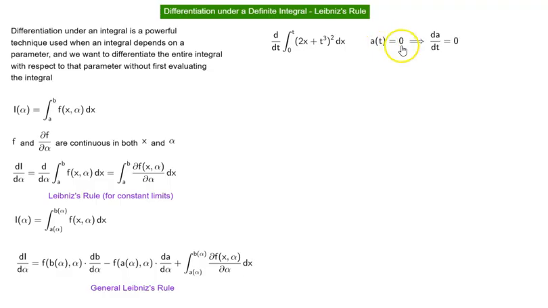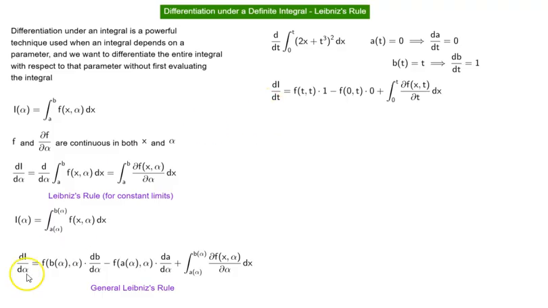So a of t is equal to 0 implies dA by dt equal to 0. b of t is equal to t, which implies dB by dt is equal to 1. And now, since we have variable limits, we use the general Leibniz rule.